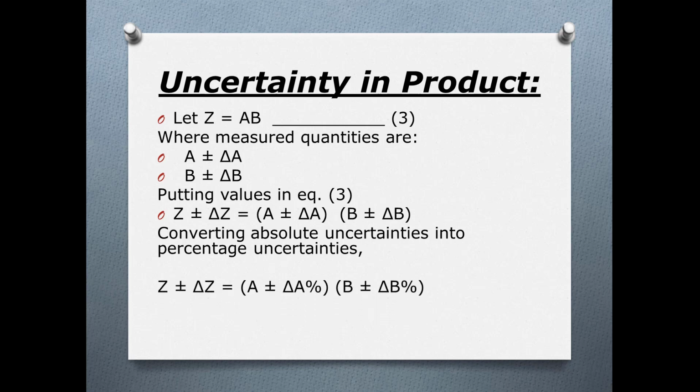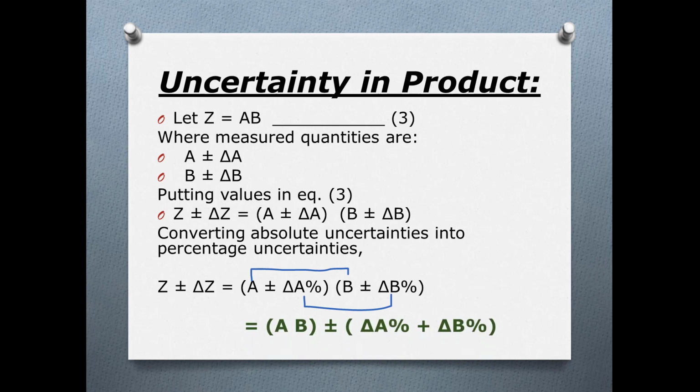So if we have delta A and delta B as absolute uncertainties, then we will find delta A percent and delta B percent. We will convert these into percentage uncertainties, multiply A with B, and then add their percentage uncertainties.